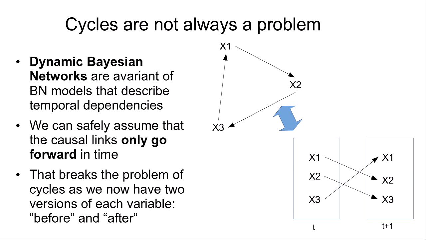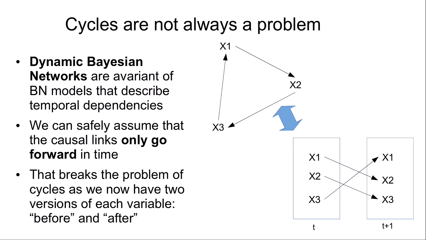What you can do is represent this with different sets of variables for before and after the change. That's the bottom graph, where you have the temporal relationship unrolled.